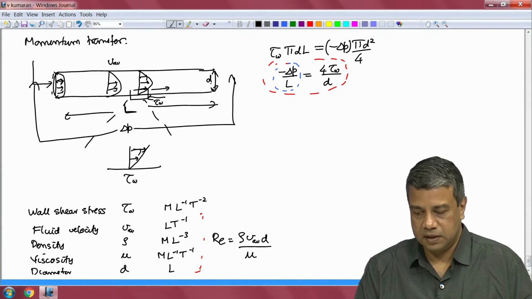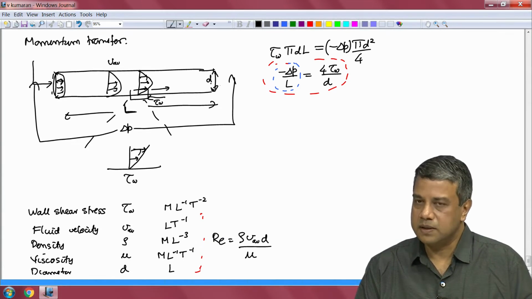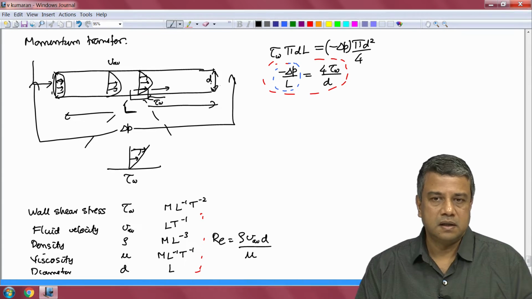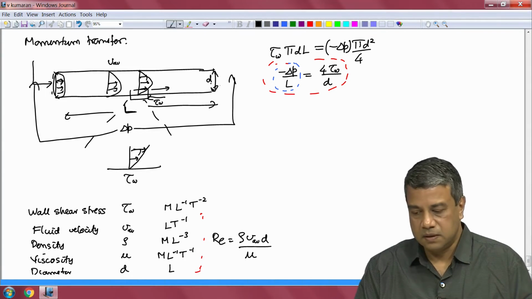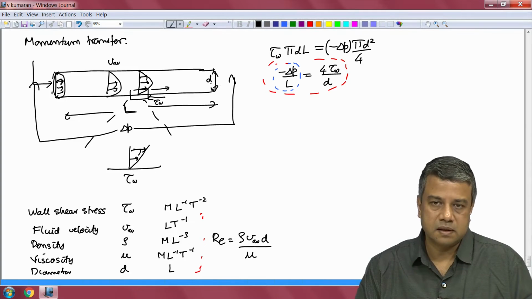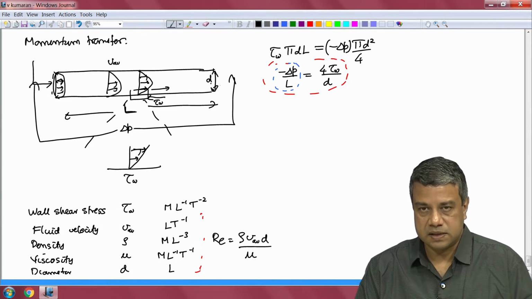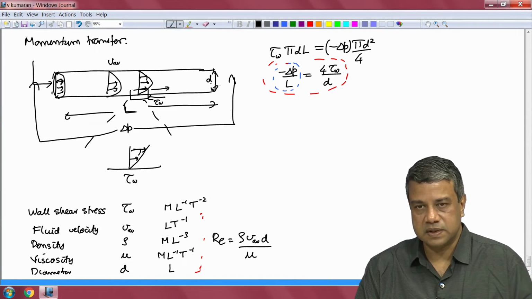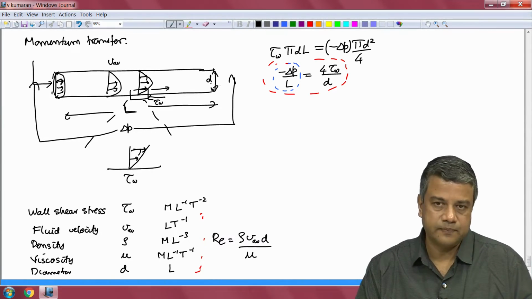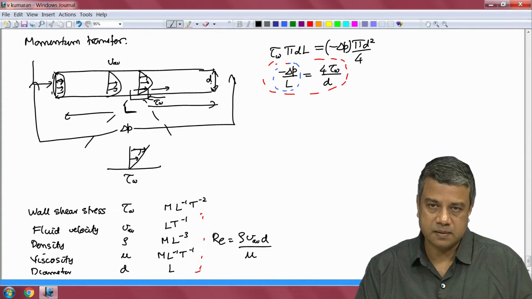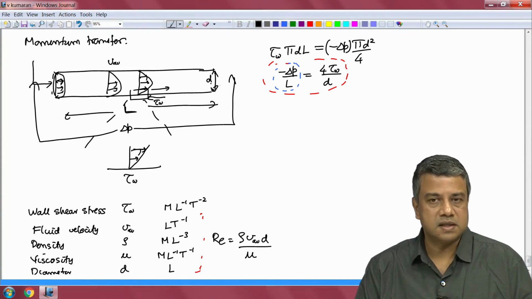If we had defined it the same way that we had defined the dependent dimensionless group for mass and heat transfer, we would have used Newton's law, which relates the stress and the viscosity and the velocity and the separation, and scaled the wall shear stress by a quantity that has the same dimension as the right side of Newton's law.